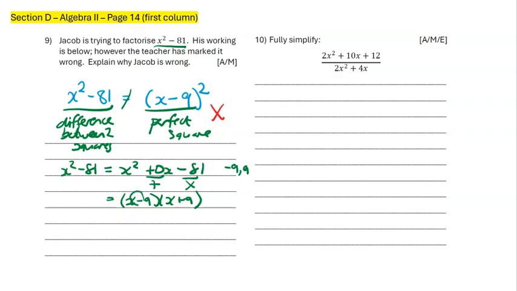So we can see here, one needs a plus sign and one needs a minus sign. So that's why his answer is wrong, because it's not the same thing twice. It's not a perfect square. It's a difference between two squares. So let's communicate that. So Jacob is wrong, as x squared minus 81 is not a perfect square.